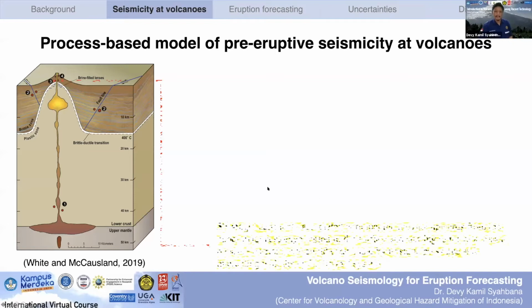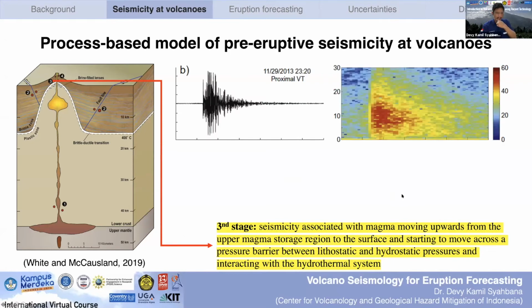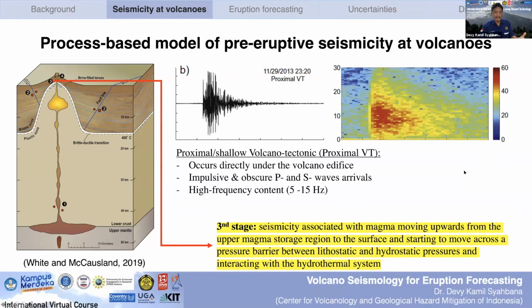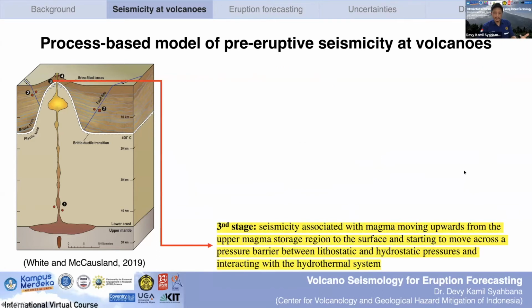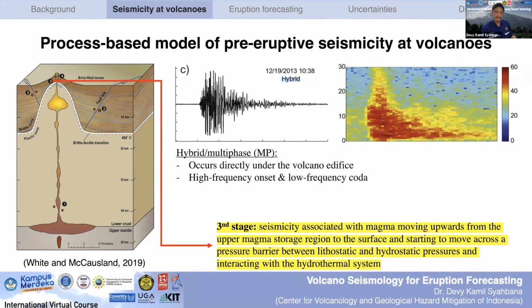The third stage is here. The type of seismicity that we have will be the proximal VTs that I have told you before. And afterwards, we will have something like hybrid or LF events. The hybrid has two regions of spectral energy.